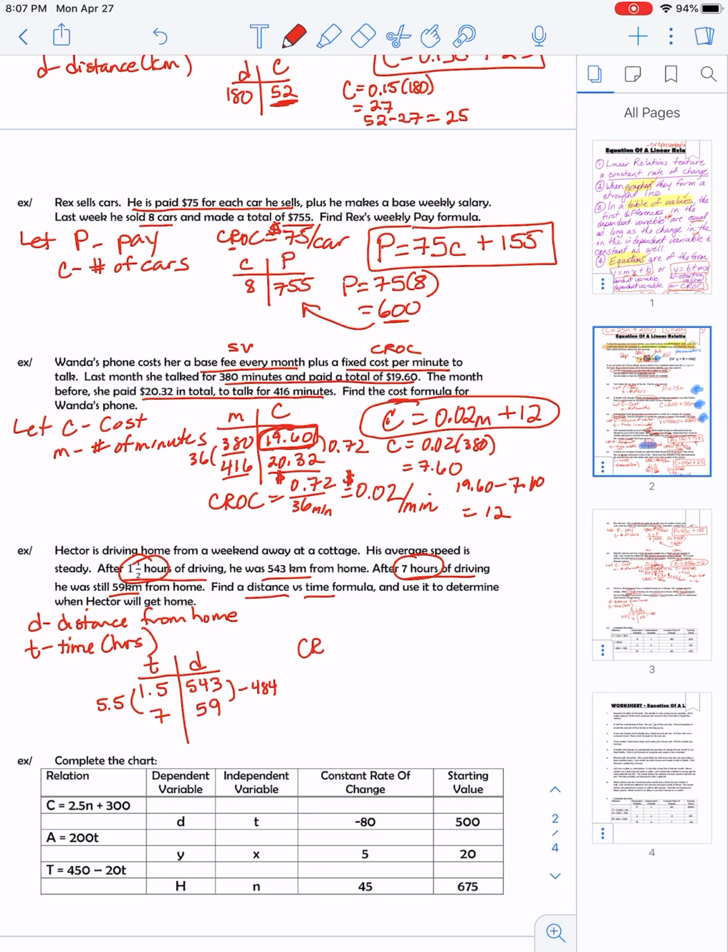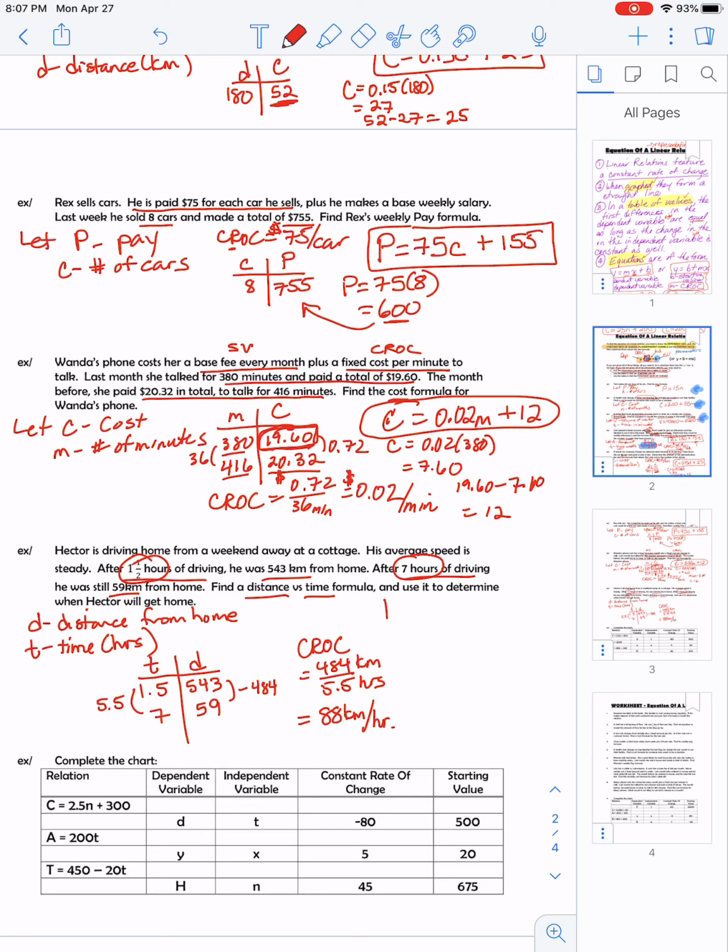So the crock equals 484 divided by 5.5. So that's 484 kilometers divided by 5.5 hours. So 484 divided by 5.5 looks like 88 kilometers per hour is how fast Hector is driving on average.